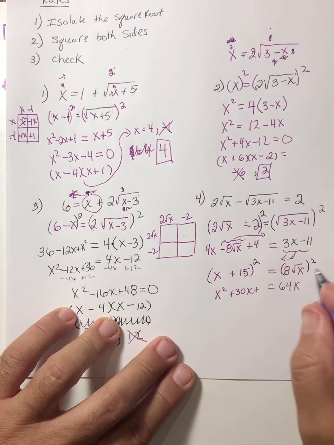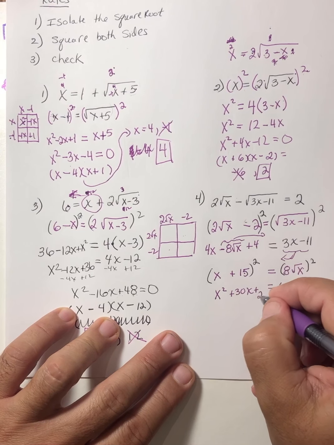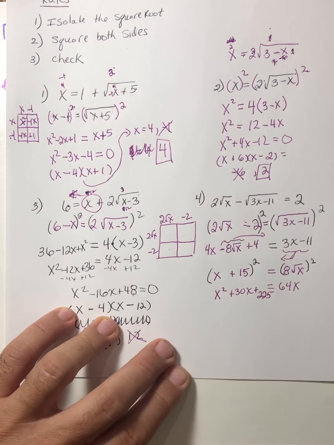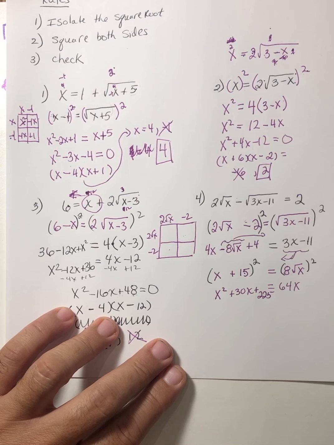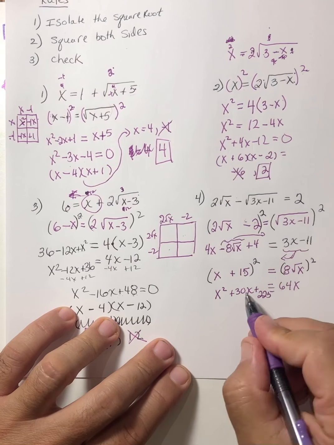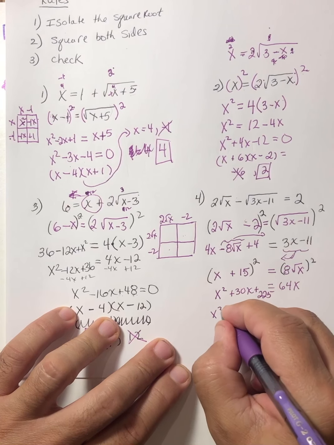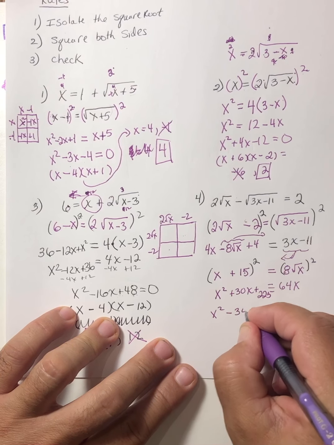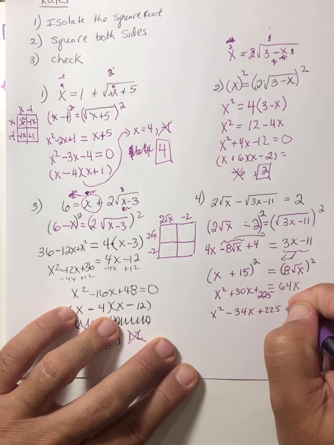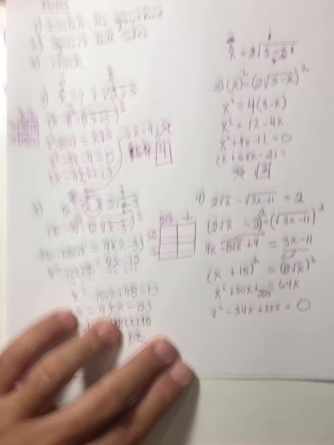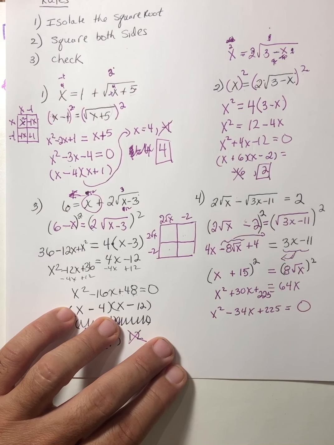Plus 15 squared is 225. All right. I know the numbers are big. So we're going to subtract 64 from both sides. So it's x squared minus 34x plus 225 equals 0. And now I can factor this.